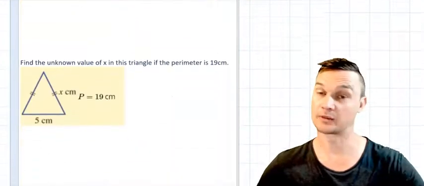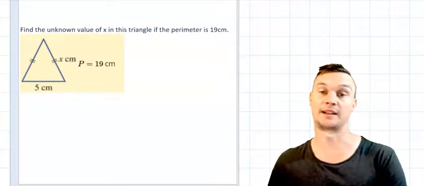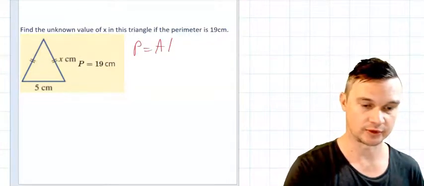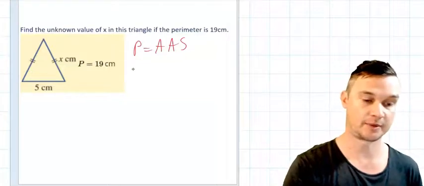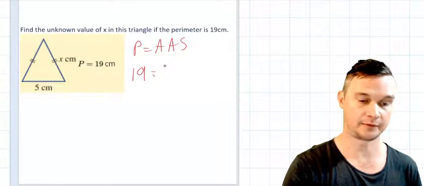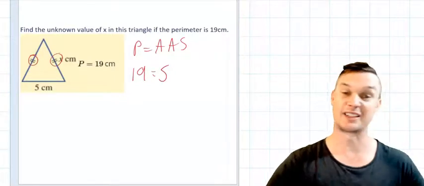Now there are other parts where if we know the perimeter, we can also work backwards to find the different parts. So if perimeter equals add all sides, and in this case we know what the perimeter is. So the perimeter is 19, and then it's going to be 5. So I'm adding 5, but I have x here which I don't know, and there's 2 of them.